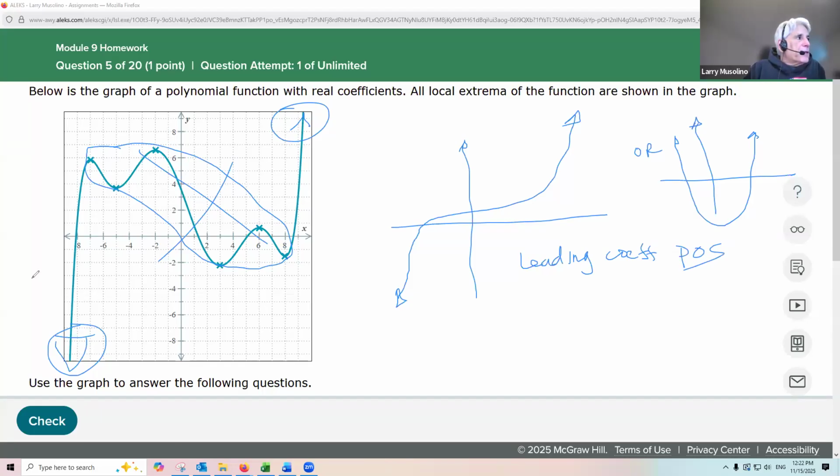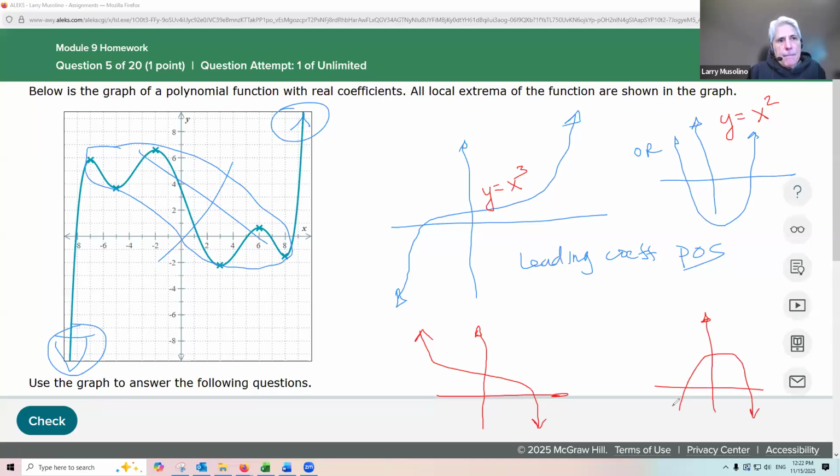If I flip these graphs around, you could think of this as kind of like the y equal x to the 3 curve. You could think of this as the y equal x to the 2 kind of curve. So these are like the 2 fundamental curves you could think about here. If the graphs were flipped, so if I had a graph that did something like this, or a graph like this, these would be leading coefficient negative.